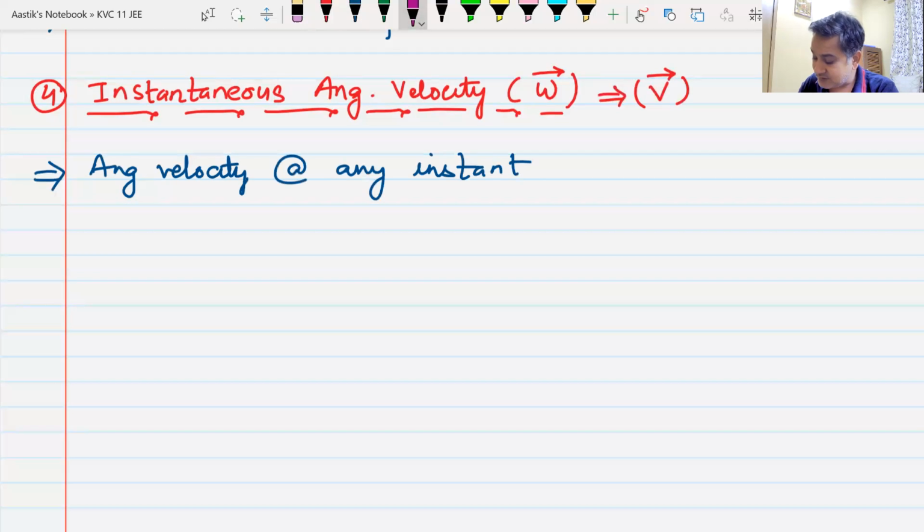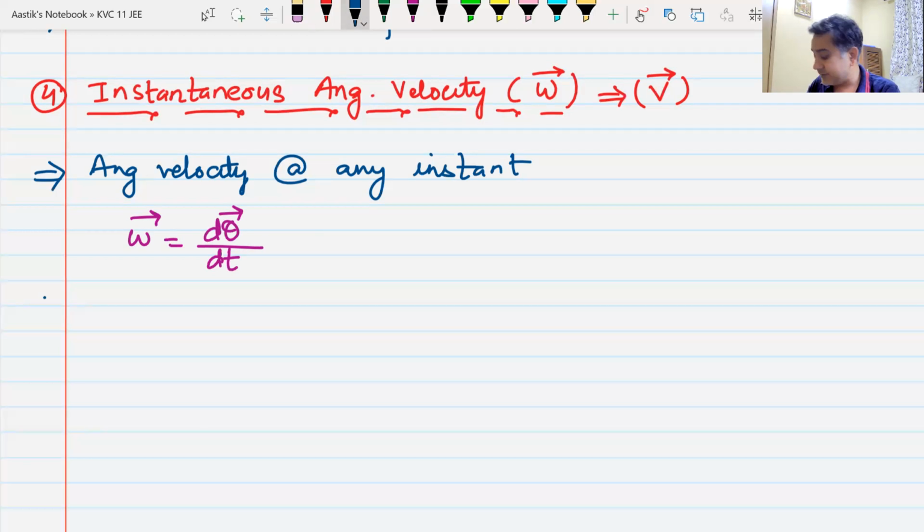Now, how will I write this instantaneous angular velocity? This is omega vector, because this is d theta, which is a vector, divided by dt. Angular velocity at any instant.